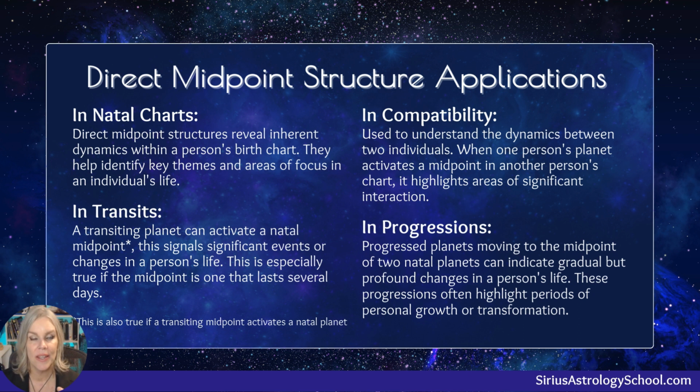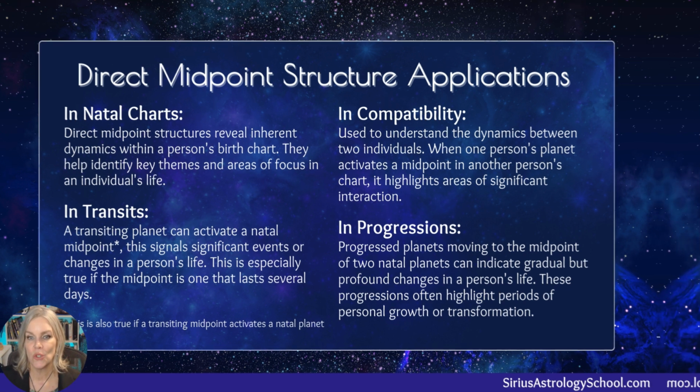Likewise, we would look at a midpoint either in natal or a progressed midpoint to a natal or progressed planet that would be creating a resonance between those three planets. In a progression, though, because they move so slow, this is indicating a change or a season, a progression or a growth or a transformation of sorts. So that is 4 different ways in which we can apply this information to look at midpoints from a perspective of looking at it from vibrational astrology.